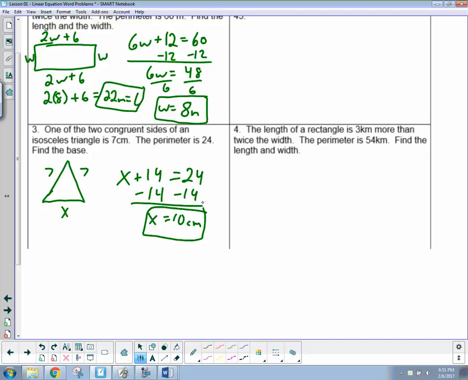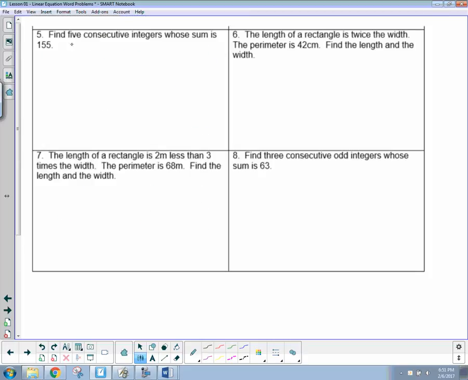Find 5 consecutive integers whose sum is 155. Again, x, x plus 1, x plus 2, x plus 3, x plus 4. 5 x's, 7, 8, 9, 10, equals 155. Solve, so subtract 10 from both sides. 5x equals 145.